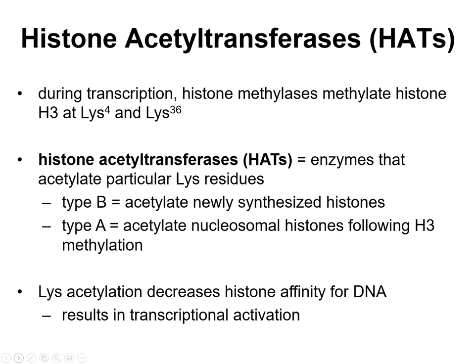Lysine acetylation decreases histone affinity for DNA, and that results in an increase in activation, so you can transcribe your message a little bit more readily. Think about what it is about acetylation that would decrease the affinity for DNA.